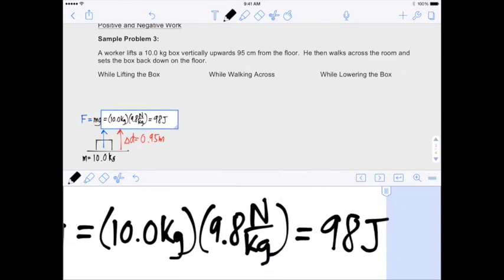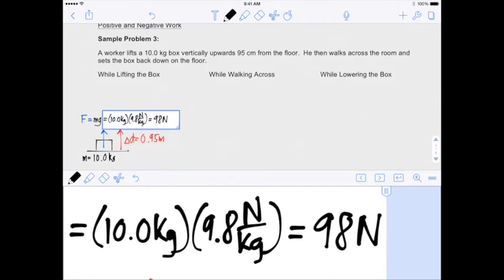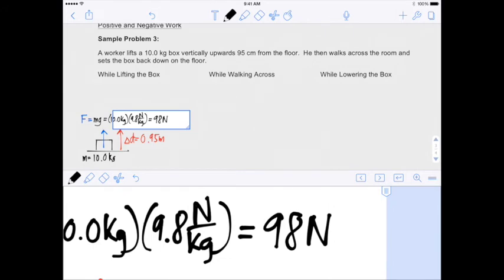It's 98 newtons. So the force of gravity acting on this box is 98 newtons. In order to lift this box, you have to apply a force of 98 newtons.